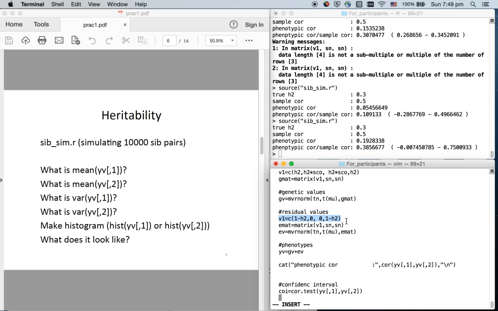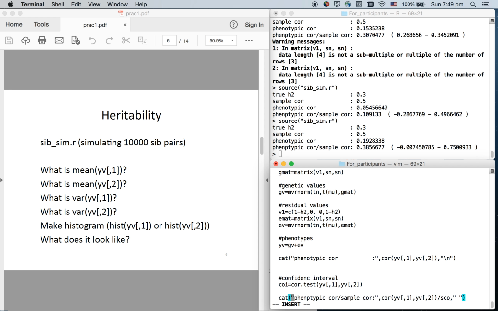And E is the residual value, which comes from a multivariate normal distribution. This is the number of records, this is the mean, and this is the residual structure here. Then the phenotypes follow the equation P equals G plus E, the sum of genetic value and residual value.